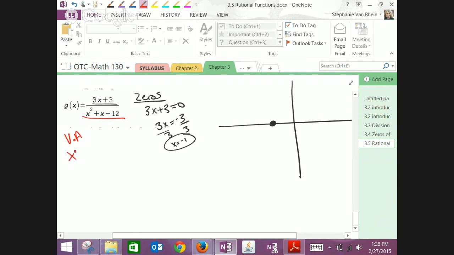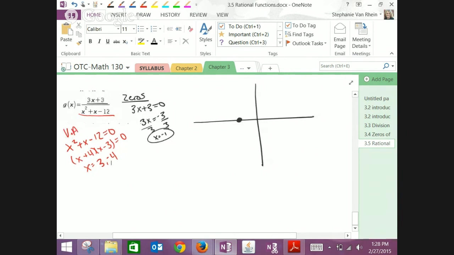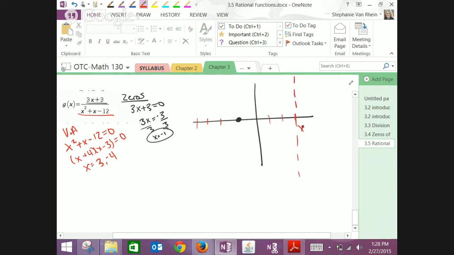That's going to be when x squared plus x minus 12 equals 0. That factors as x plus 4 times x minus 3. So where are my vertical asymptotes? At 3 and minus 4, right? I have x equals 3 and x equals minus 4.